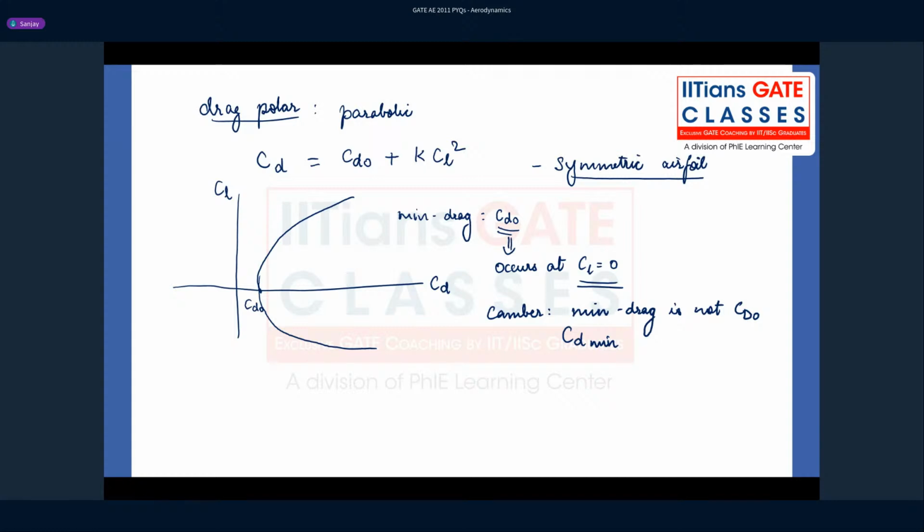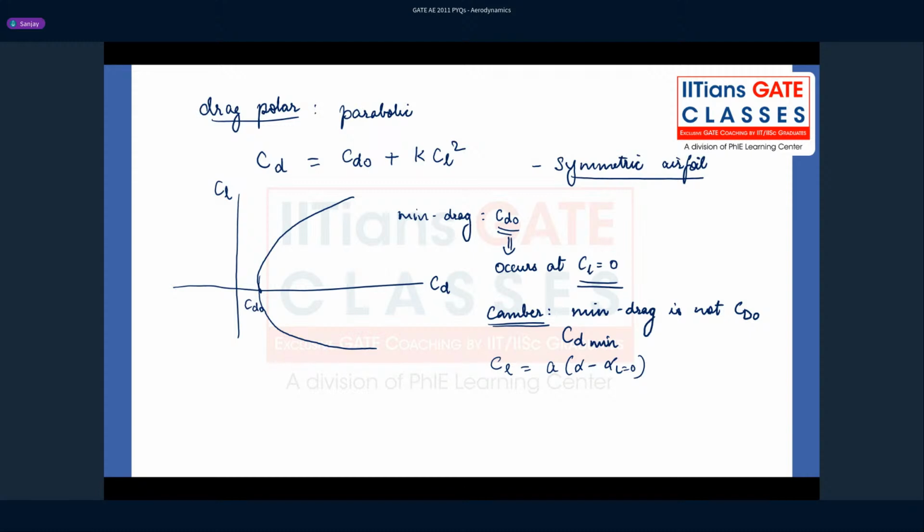Usually when you have a cambered aerofoil, your lift equation is related to angle of attack by a into alpha minus alpha L equal to 0. So when your angle of attack is the zero-lift angle of attack, that is when alpha is equal to alpha L equal to 0, your CL is going to be 0.